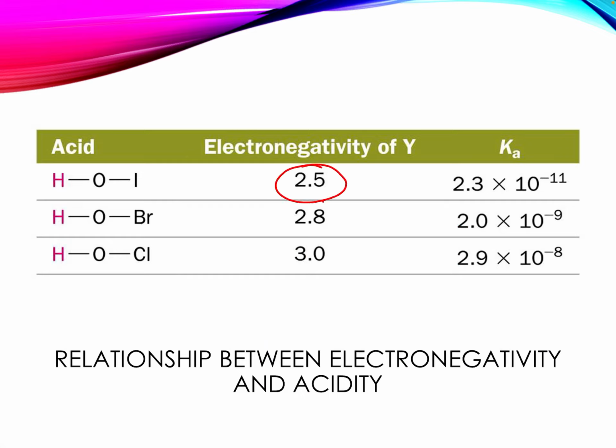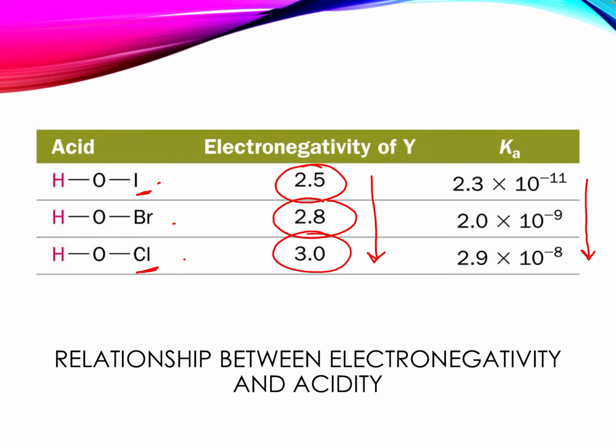As we increase the electronegativity of this other atom, we make the acid stronger and stronger, right? So chlorine is going to be the most electronegative, and then iodine's the least if we're looking at these halogens. And as we increase the electronegativity of the other atom, we are making the acid stronger and stronger.